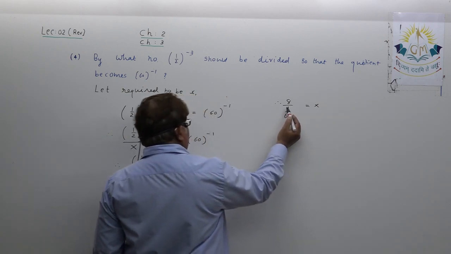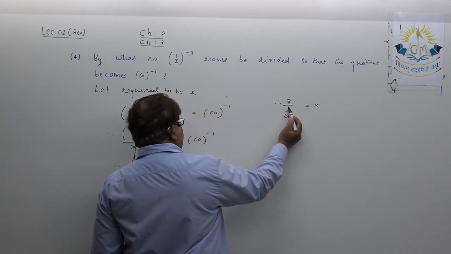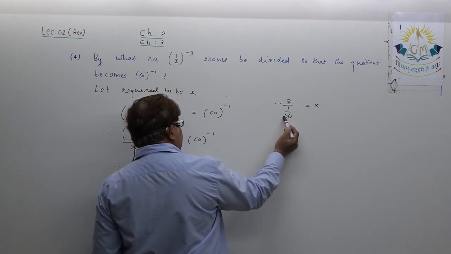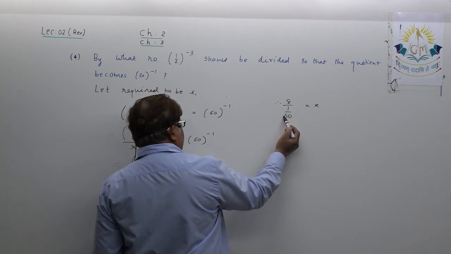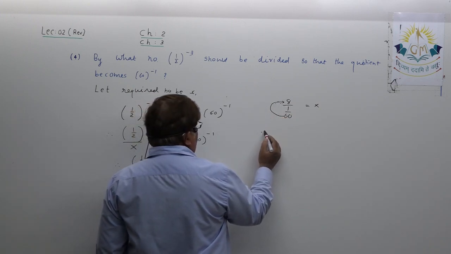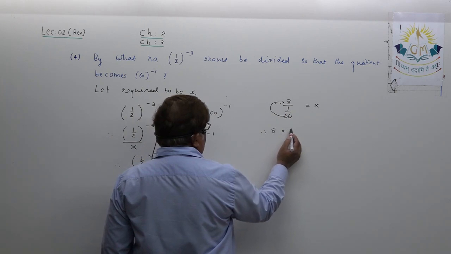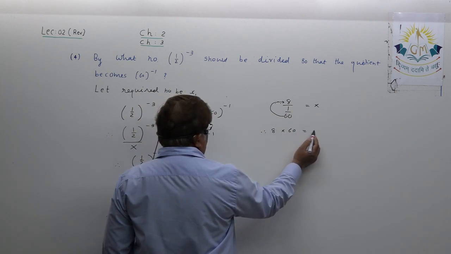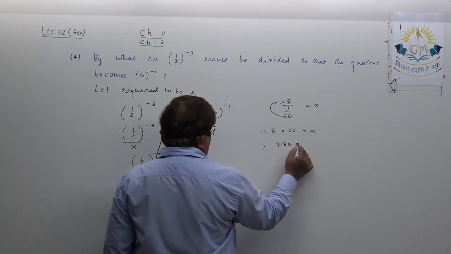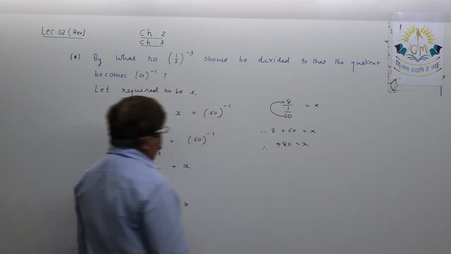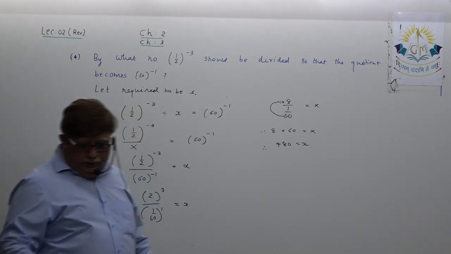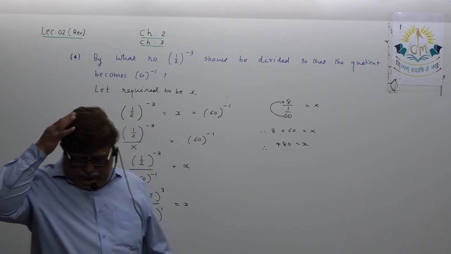The fraction appearing in the denominator will multiply here. So 8 multiplied by 60 equal to x. So 480 equal to x. You got it? Just verify. Understood?